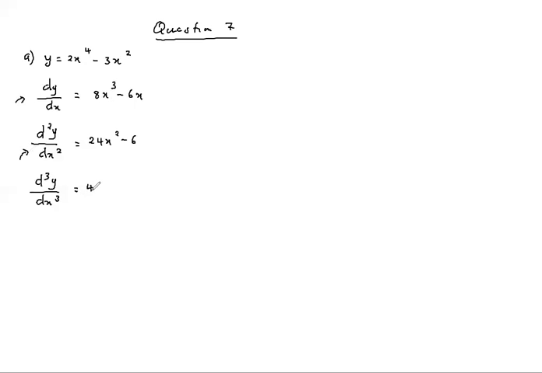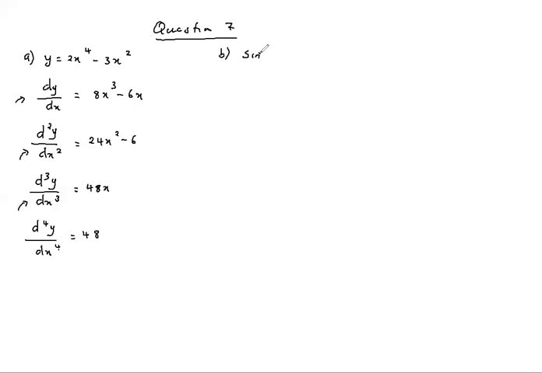So it will be 48x. To get the fourth derivative means differentiate the third derivative. So it will be 48. If you want, you can get the fifth derivative, meaning differentiating the fourth derivative. So that was A. What about B?